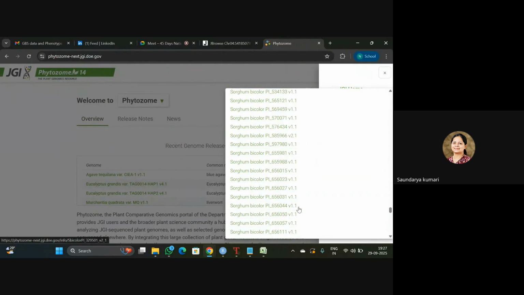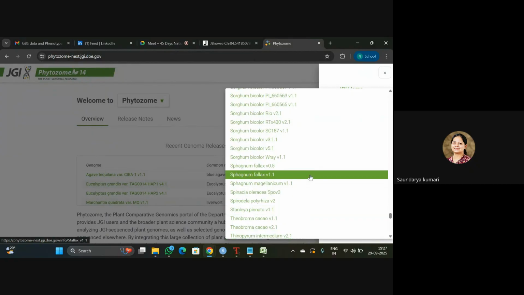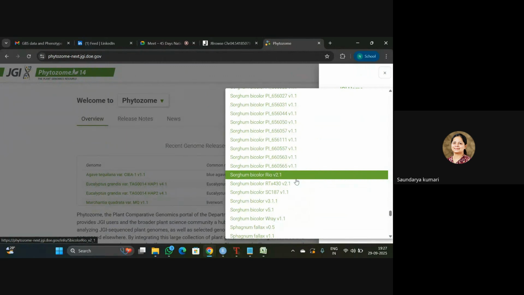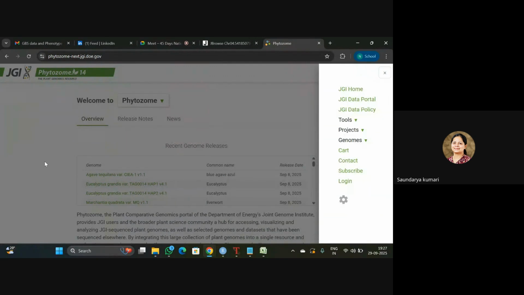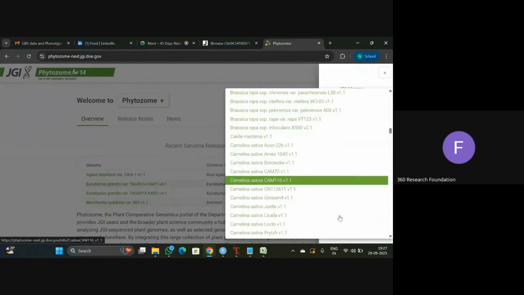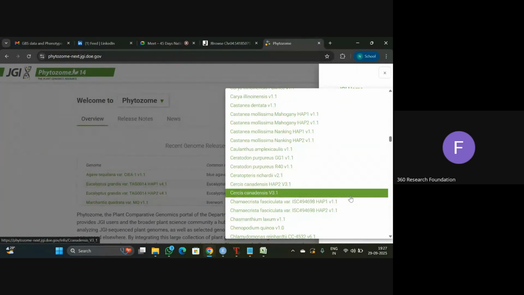Yeah, but sometimes, when we have to do the functional study after identification of the genes, at that time we need the single accession to validate that thing. So after identification, we go for validation purpose.